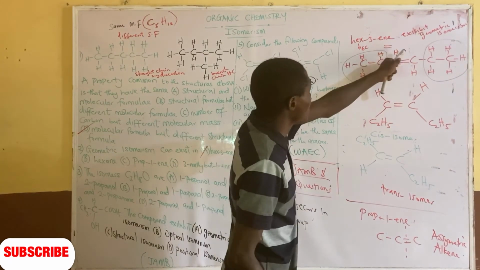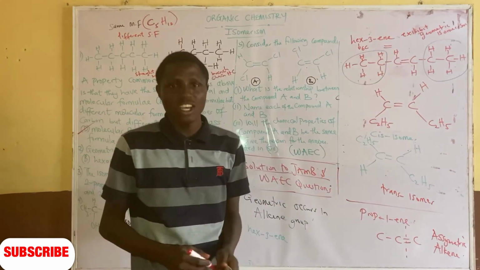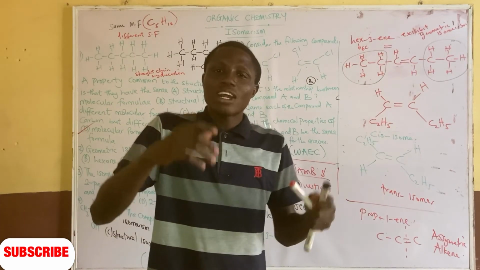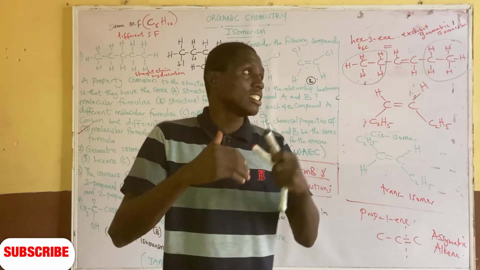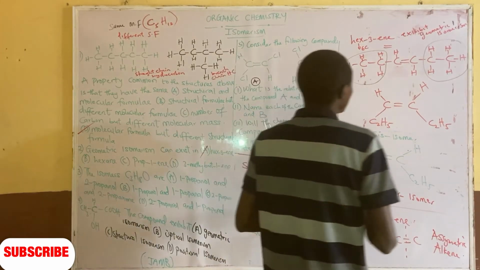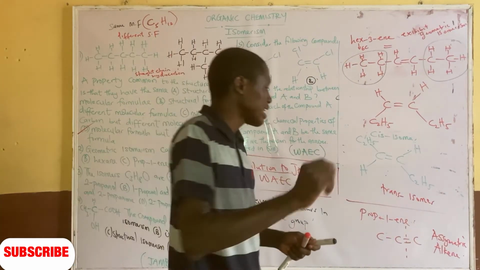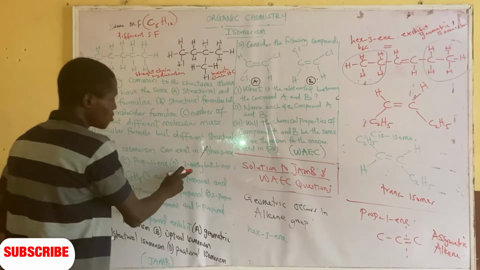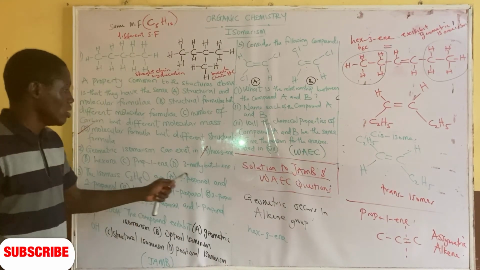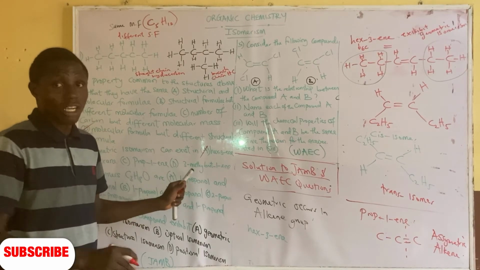This is an asymmetric alkene. Another thing you need to know is that geometrical isomerism occurs in symmetrical alkenes. Please note that. So this option and this option here are ruled out. Although this is a symmetrical alkene, it has the methyl option, so it is ruled out.